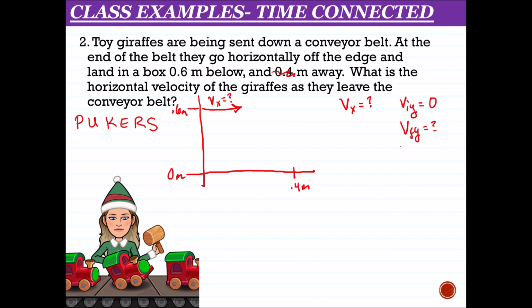Time, unknown. Acceleration, here now we're getting somewhere. So I know 2 parameters in the y, I can solve. This is x, this is my y side. I'm going to go ahead and find time.